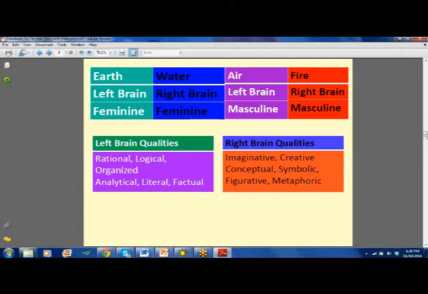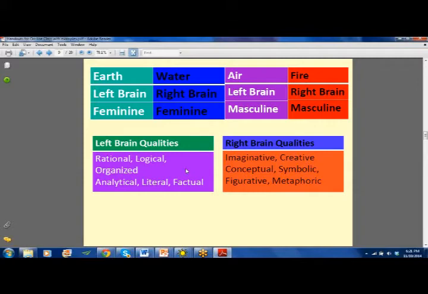But that doesn't mean that it's not communicative. It's often very imaginative and creative when it communicates, whereas if you have more left brain qualities like air and fire, then it's more rational, logical, organized, analytical, literal, factual, that sort of thing.